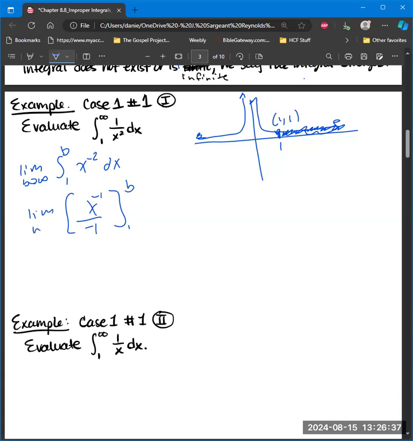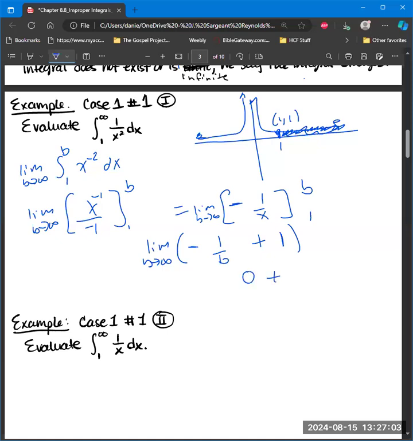The limit as b goes to infinity is -1 over x from 1 to b. Limit as b goes to infinity is -1 over b plus 1 over 1, which is 1. Limit as b goes to infinity there is going to be 0 plus 1, which is 1. And so this is convergent.